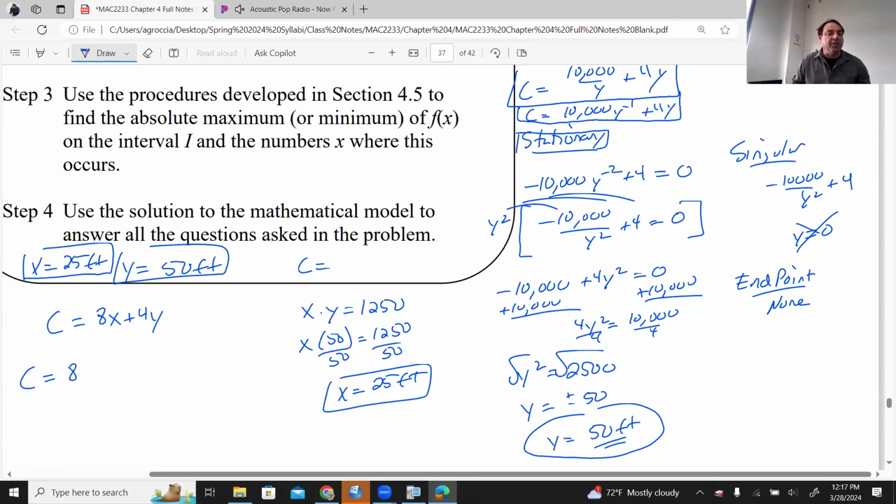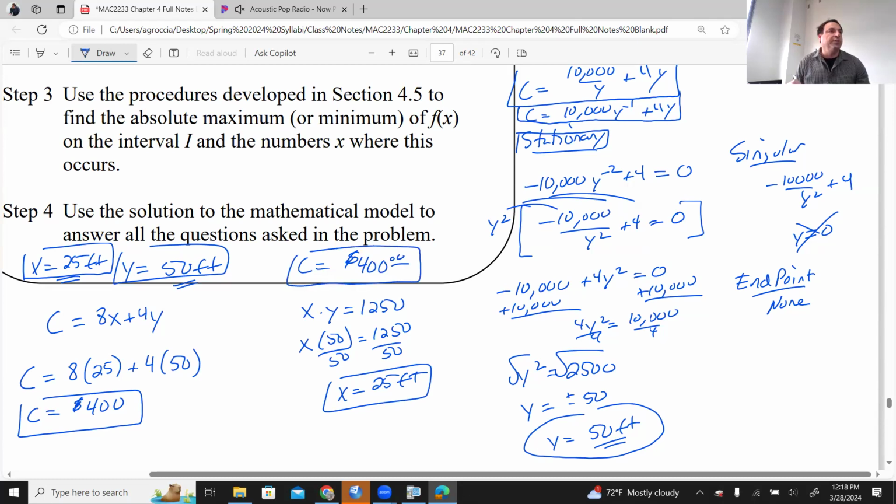Cost would be $8 per foot times 25 feet for x, plus $4 per foot times 50 feet for y. So your cost ends up being $400. If your goal is to minimize cost, you should have 25 feet of x, 50 feet of y, and your minimized cost is $400.